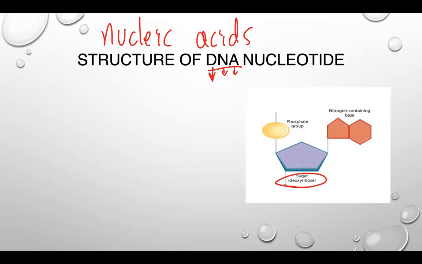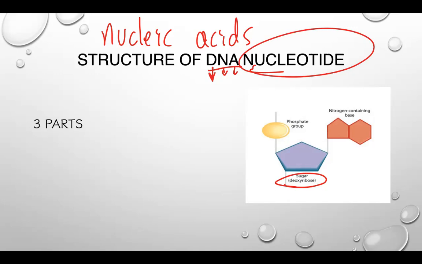And the key to biological molecules is that they are made of repeating subunits. And each of those categories of compounds, carbs, proteins, lipids, nucleic acids, they have a base unit that repeats itself over and over. For DNA and RNA, the base unit is called a nucleotide.